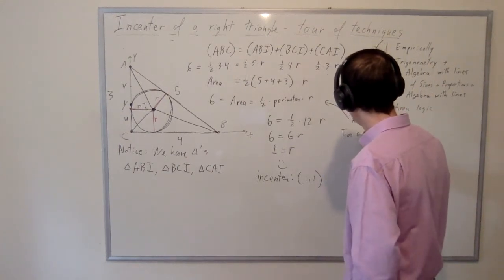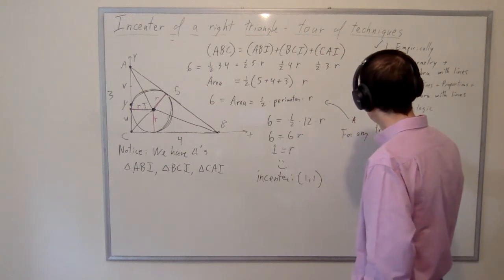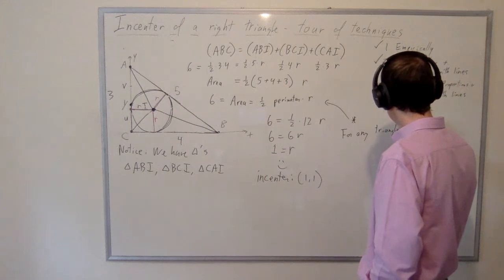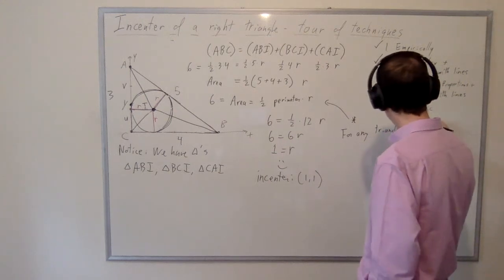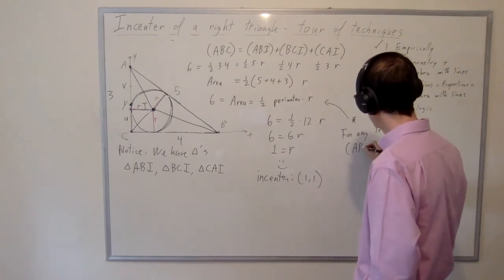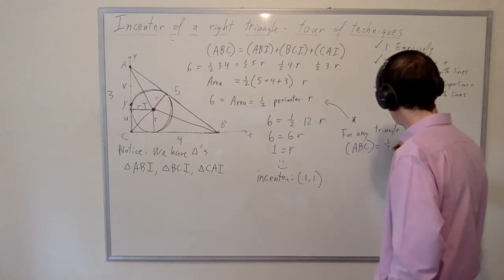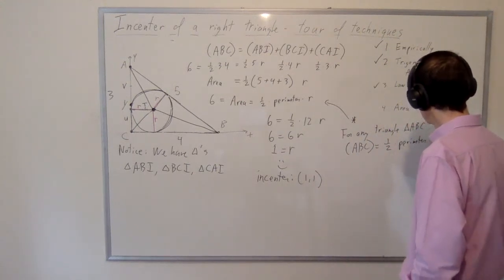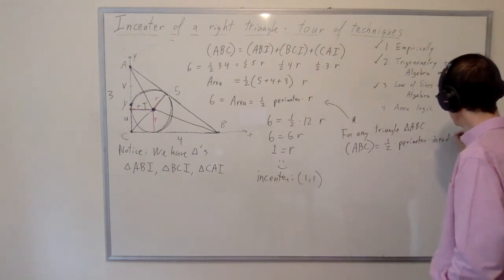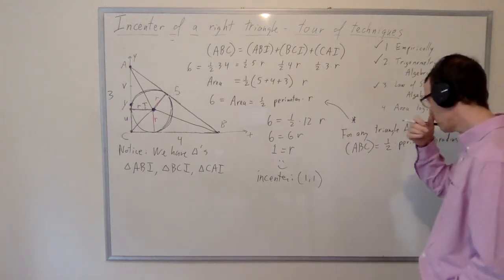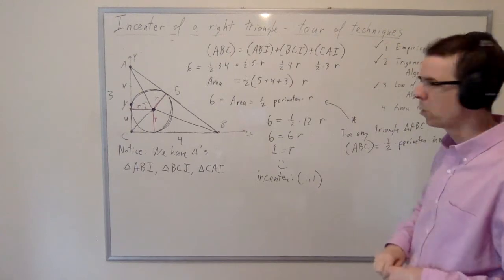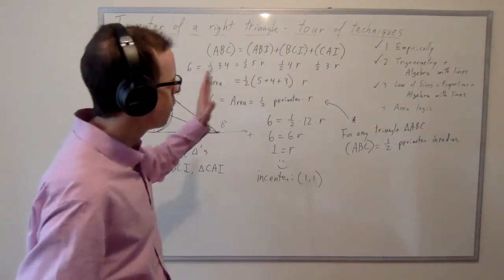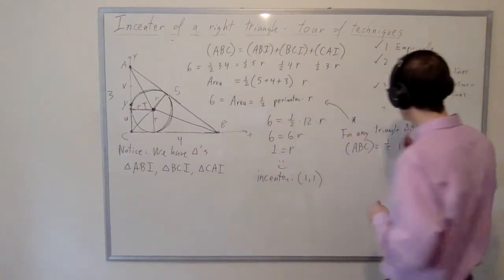For any triangle ABC, the area of the triangle is always equal to 1/2 times the perimeter times the inradius. And that's a handy formula to have. Basically, we're using this formula to solve for the inradius because we know everything else. So that's the area logic solution.